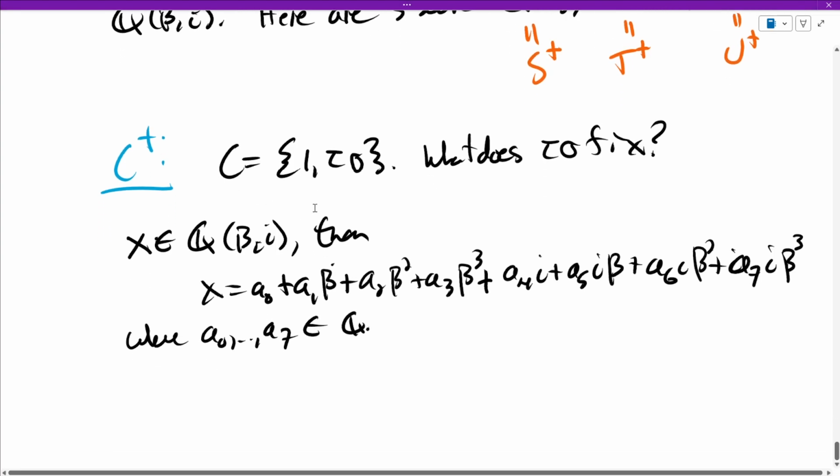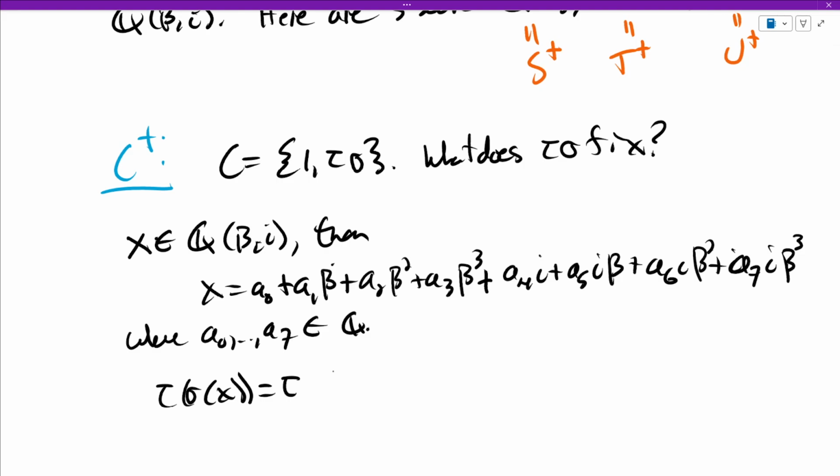All right, now we're going to apply tau sigma to it. And I'm not going to skip any steps here. We're going to go one by one. So we're first going to apply sigma, and then we're going to apply tau. Sigma, again, was reflection in the real axis, so it conjugates.